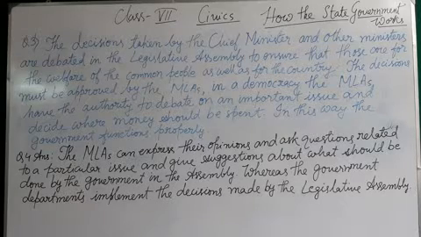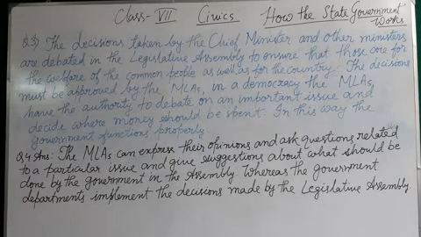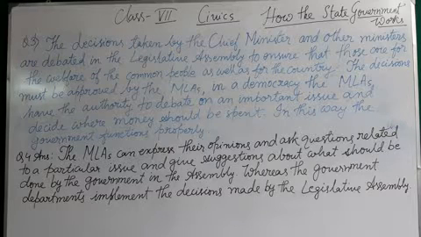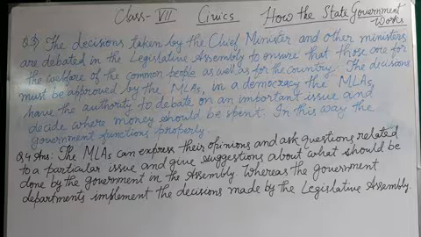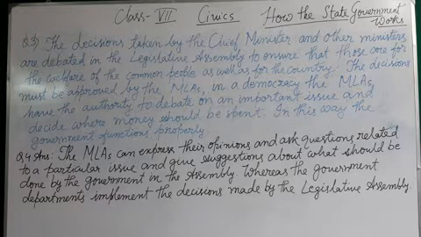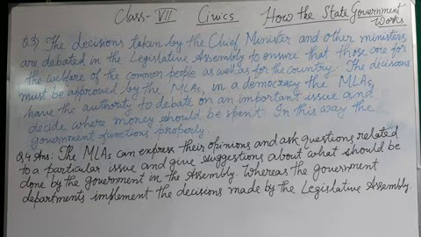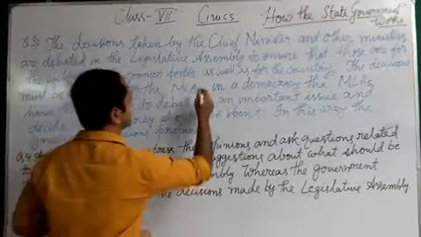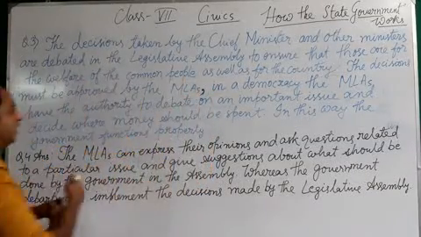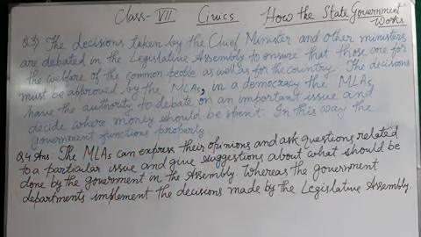The decisions must be approved by the MLAs, comma. In our democracy, the MLAs have the authority to debate on an important issue and decide where money should be spent. In this way, the government functions properly. Remember, here the comma mark is very important.